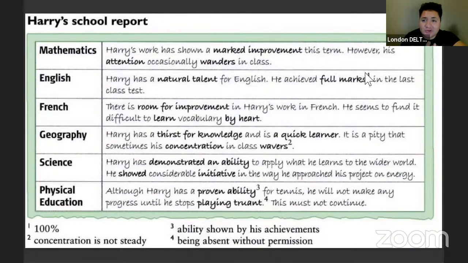So you don't sound like you are criticizing the person, right? So when you learn collocations, when you learn these expressions, when you learn to say things not that directly, because English is very direct language, but there are some expressions that help you to sound very sophisticated and people will understand your meaning.